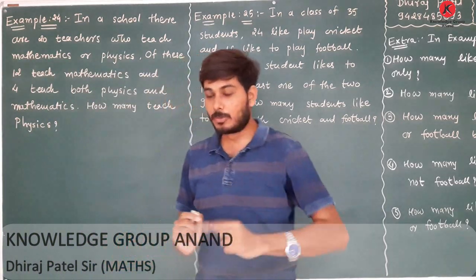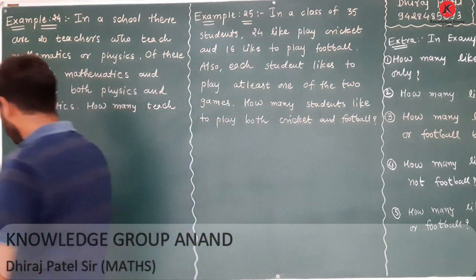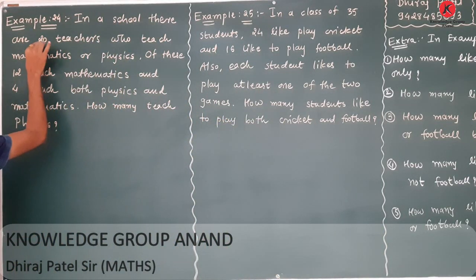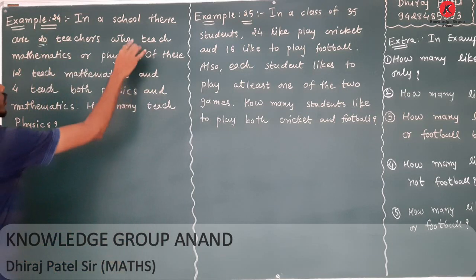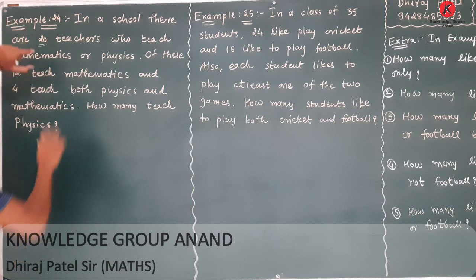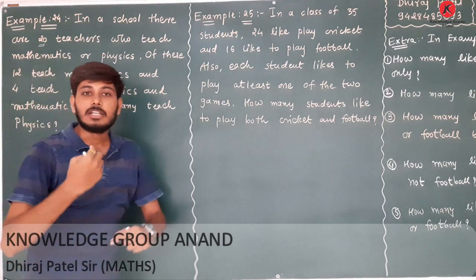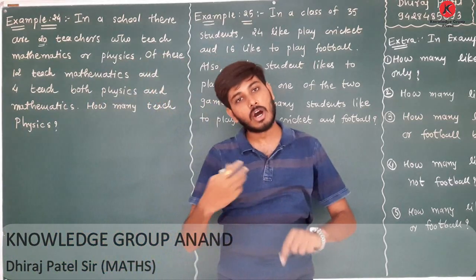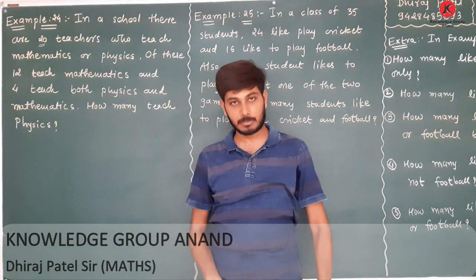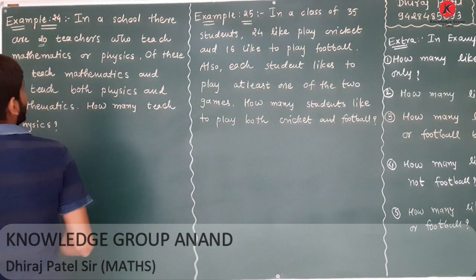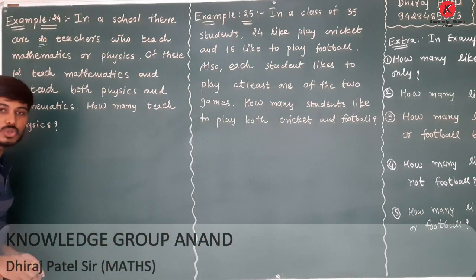Now, we learnt yesterday in the data: in a school there are 20 teachers who teach mathematics or physics. That 20, the total number, may be a universal set, the number of elements of the universal set, or the number of elements of A union B. Union is also possible here, so you should get the idea from the question itself.